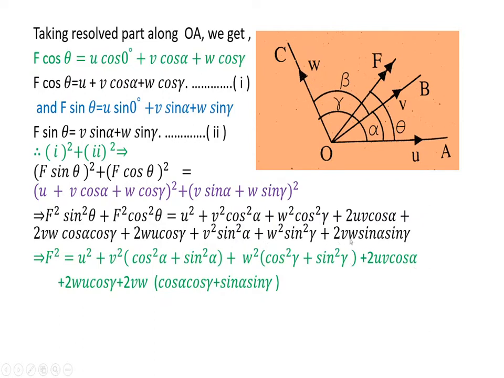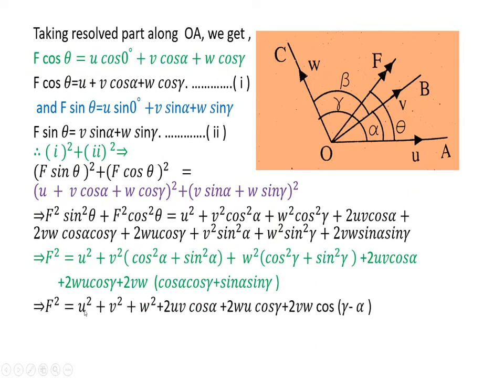And 2vw sin alpha sin gamma and 2vw cos alpha cos gamma are here. Now 2wu cos gamma remains unchanged, so we write here 2wu cos gamma. If we take 2vw common from these two terms, we get 2vw into the bracket cos alpha cos gamma plus sin alpha sin gamma.